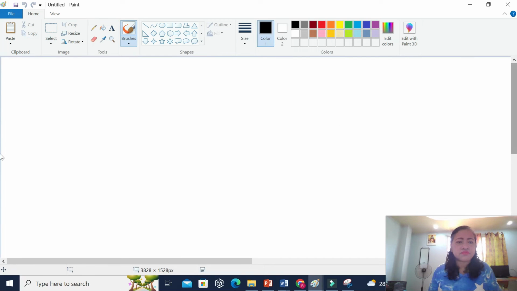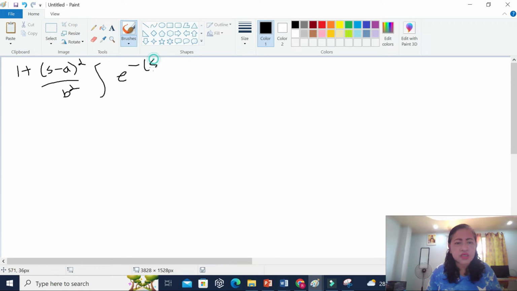Okay. So, you have (1 plus (S minus A) squared over B squared) times the integral of E to the negative (S minus A) T cosine of BT is equivalent to (S minus A) over B squared. Okay?